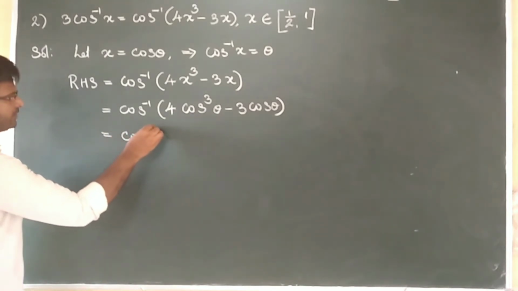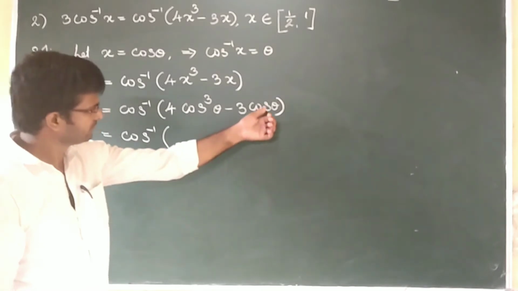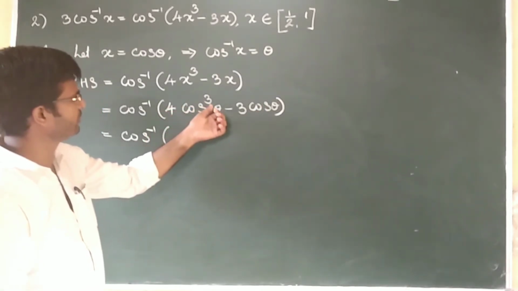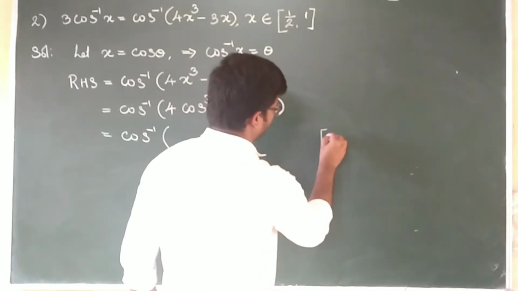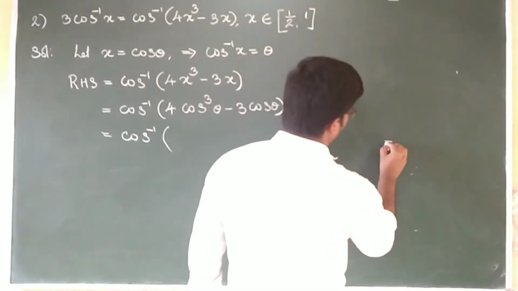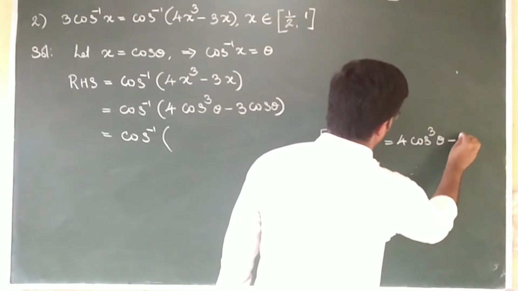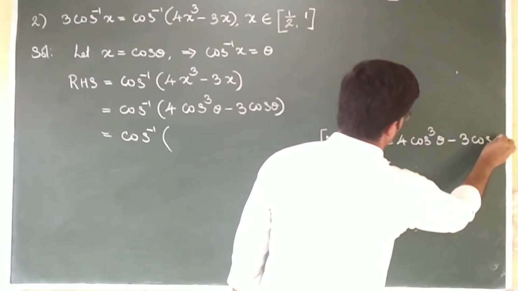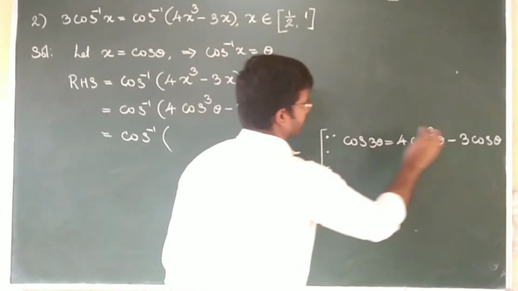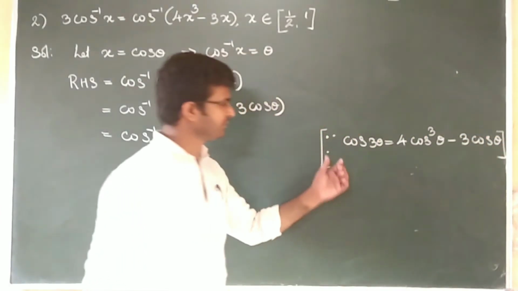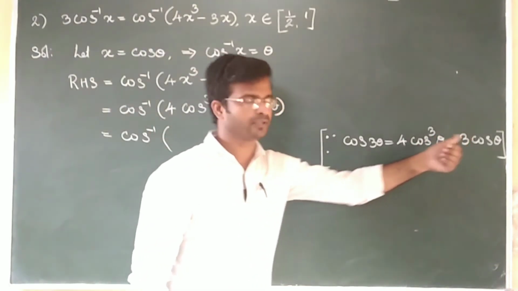Cos inverse, inside the bracket we can see 4 cos cube theta minus 3 cos theta. That is the cos 3 theta formula. Cos 3 theta we can write as 4 cos cube theta minus 3 cos theta.